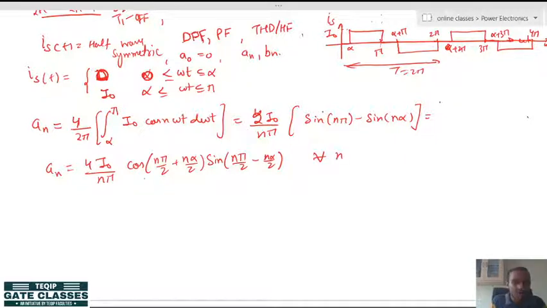Now, again applying the condition if n is even. So, what will happen if n is even? See, if n is even, sin n pi by 2 will become sin pi. Let us say if you take n equal to 2, so it will become sin pi minus alpha. Here you can see that you cannot generalize it, because it is not becoming 0 here.